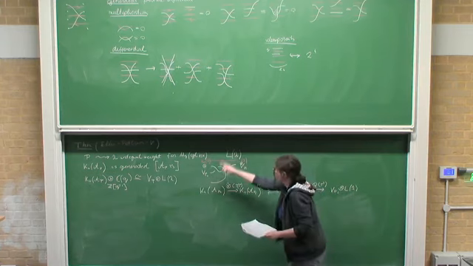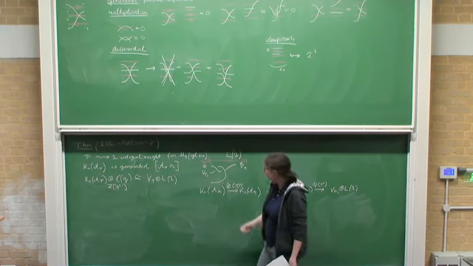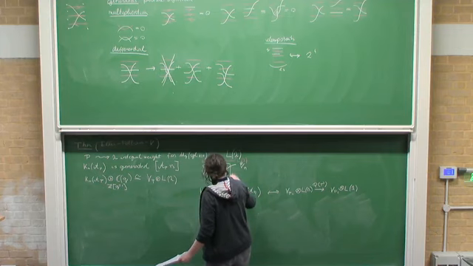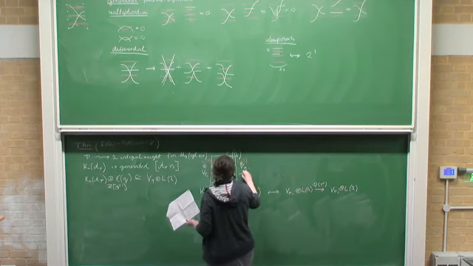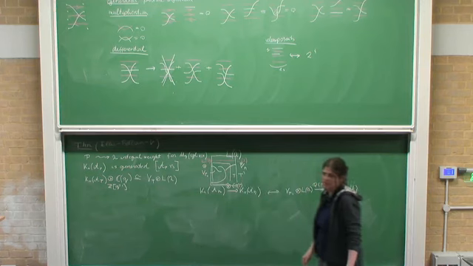Where T prime is just a big tangle. So T is the small tangle. This is T, and then this big one.